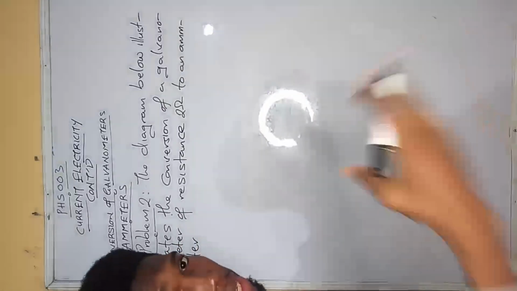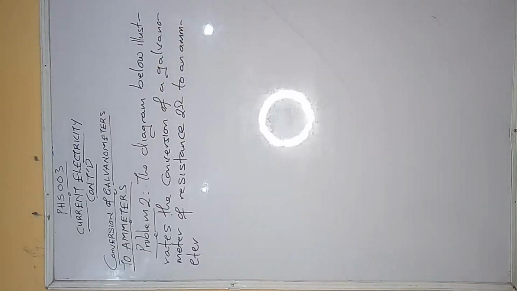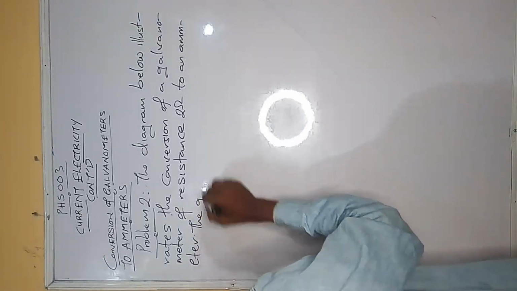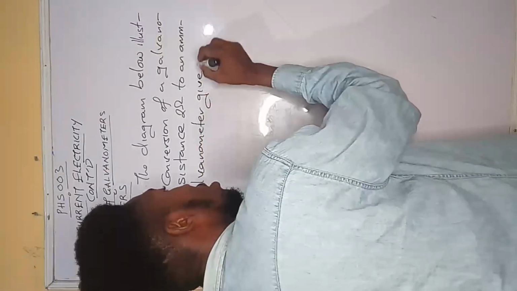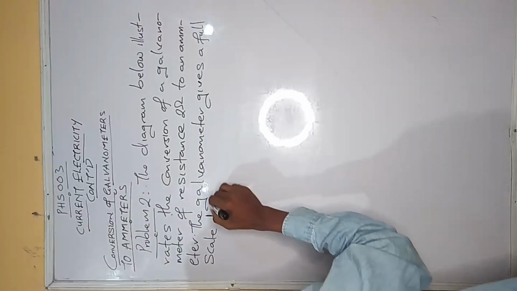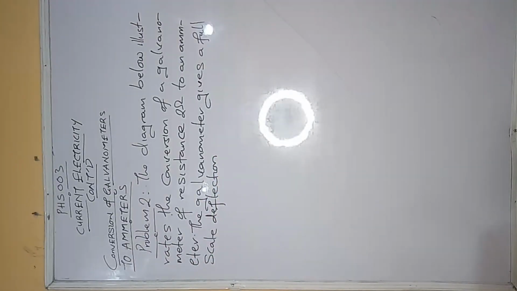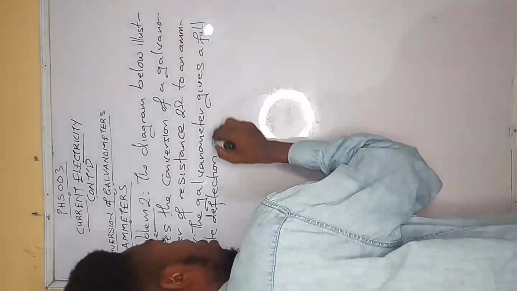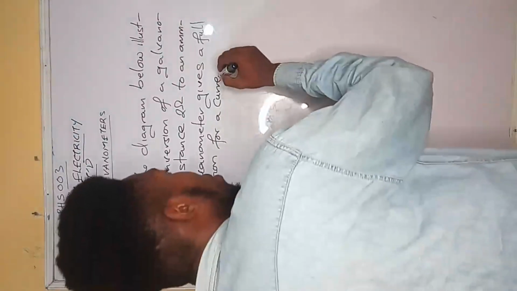Of course, you can start something as I'm writing. You of course know that these 2 ohms here is talking about the resistance of the galvanometer. Now they also gave us that the galvanometer gives a full scale deflection for a current of 10 milliamp.